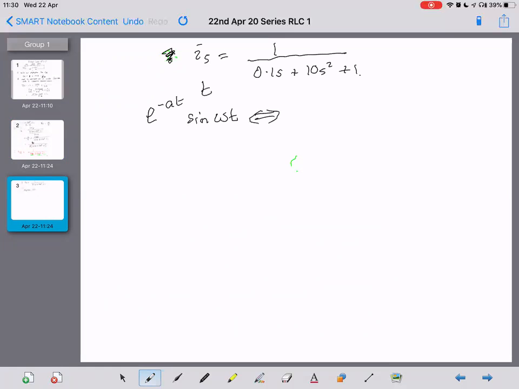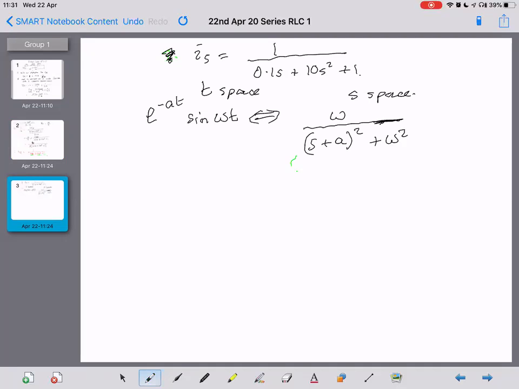So this is t space, and in s space it is omega over (s plus a) squared plus omega squared. Right?